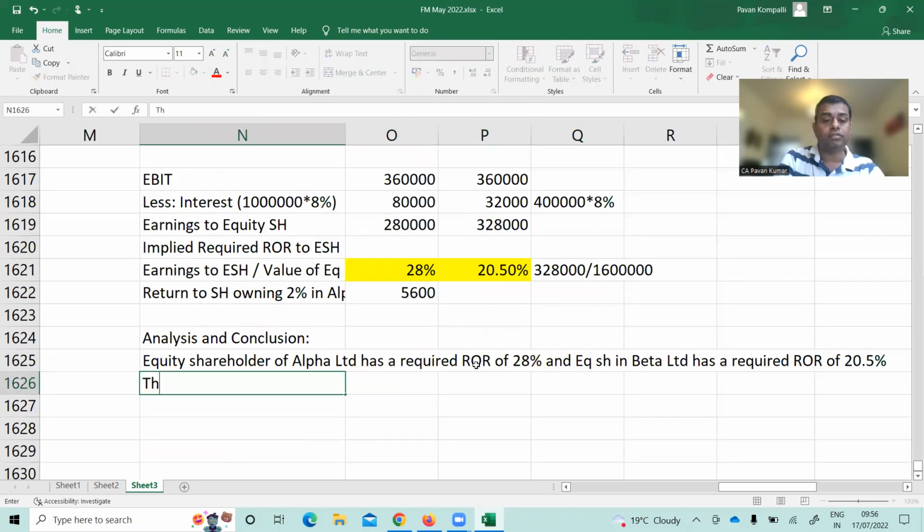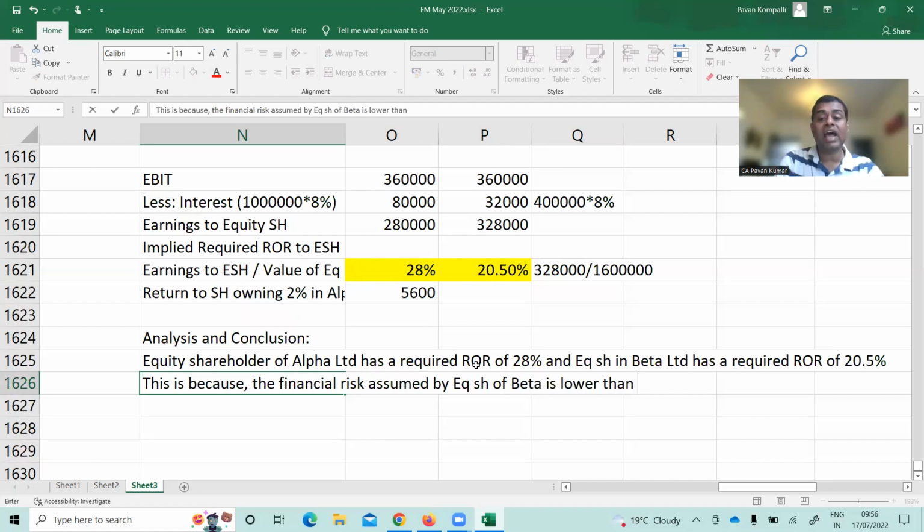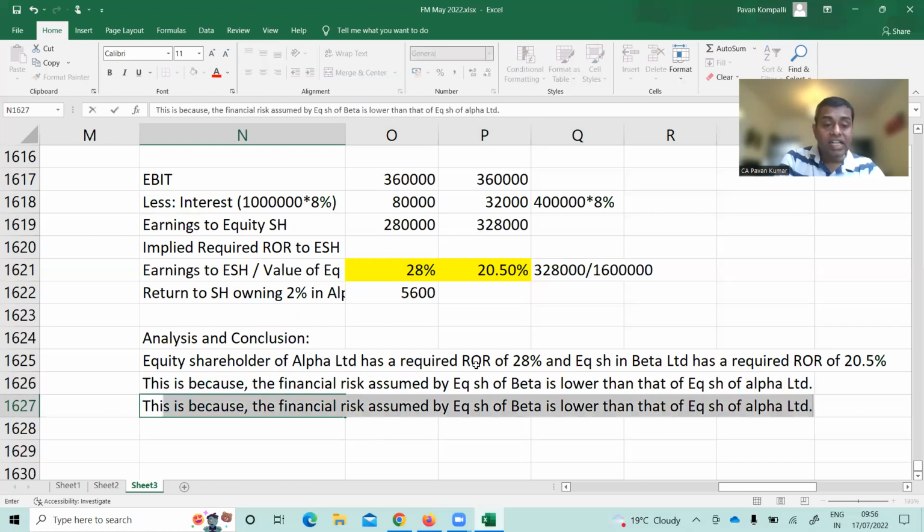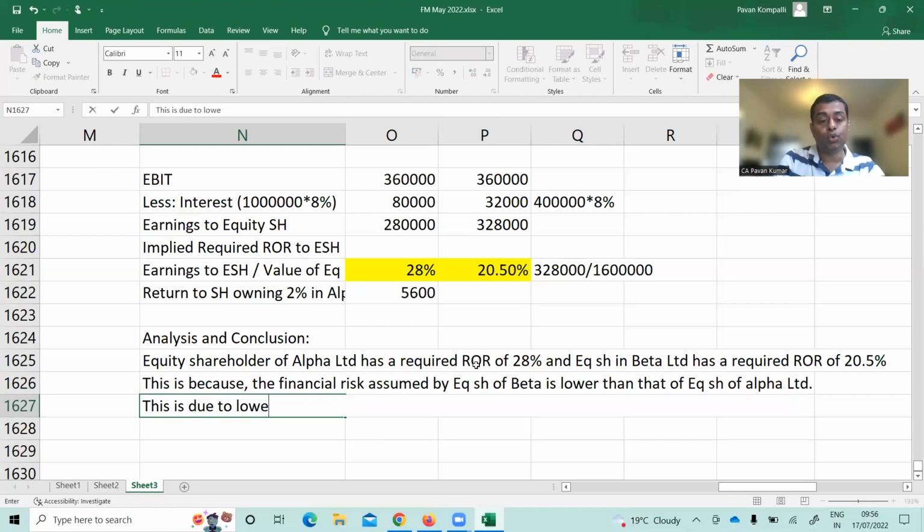This is because the financial risk assumed by equity shareholder of Beta is lower than that of equity shareholder of Alpha Limited. Why? This is due to lower debt component in Beta Limited.